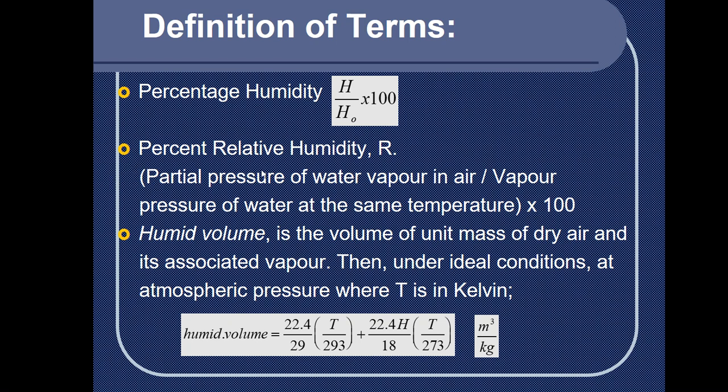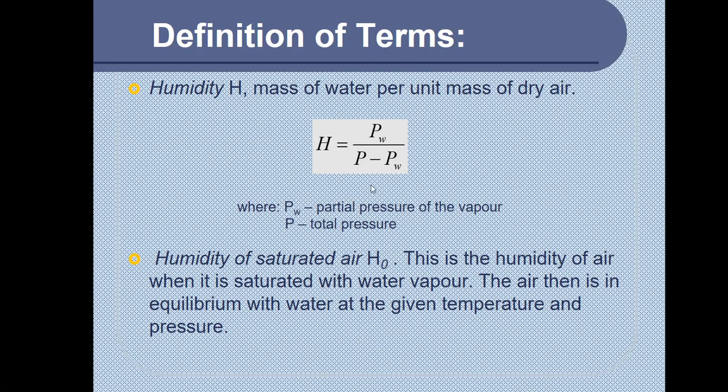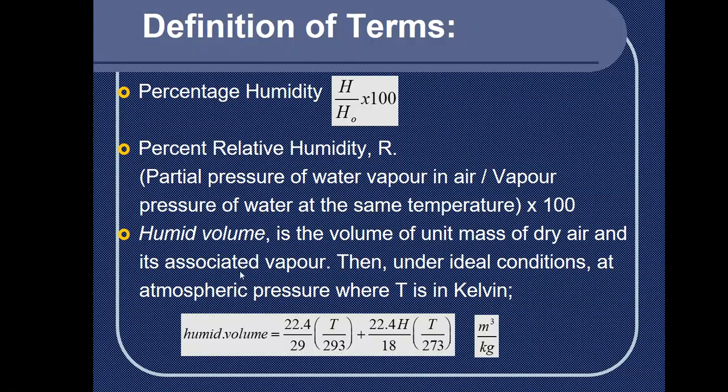That is percent relative humidity. What is worth noting here is that in this measure of humidity, we are dealing with pressure, whereas in the earlier one, we're really dealing with content, water content. But in here, we're dealing with pressure.